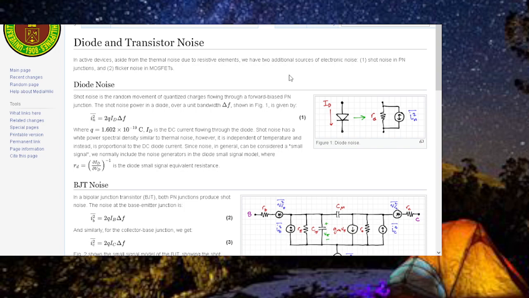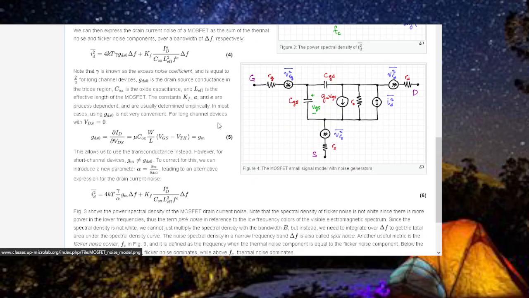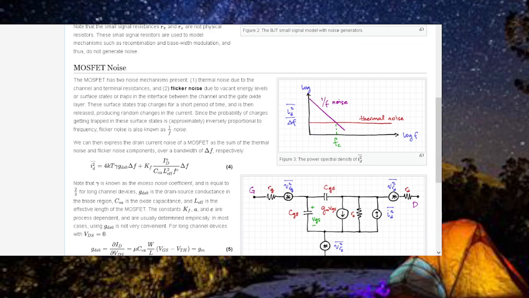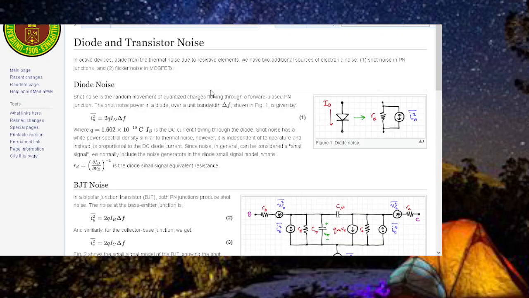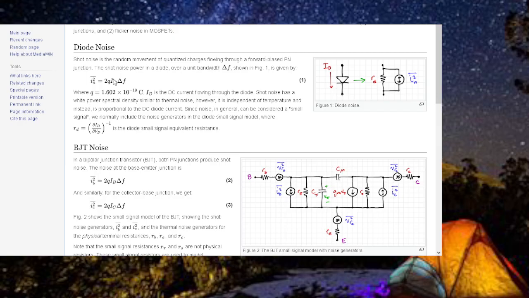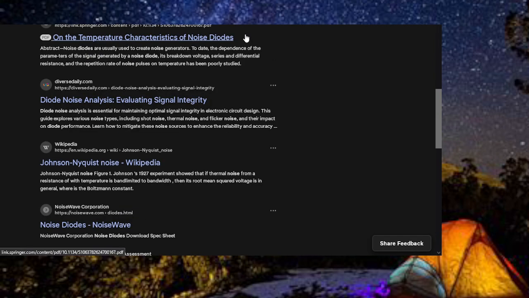I'm looking for probably just thermal noise, you know? It's a thermal noise thing. Thermal noise information, BJT noise, diode noise. It's right here, delta F. Q is charge in coulombs. Not very good luck, huh?